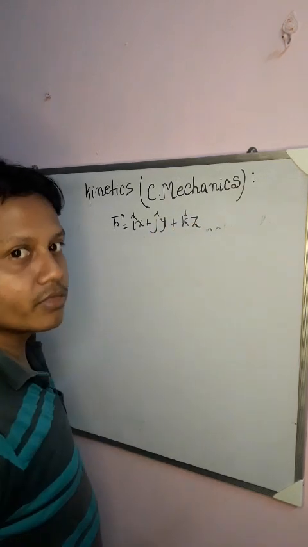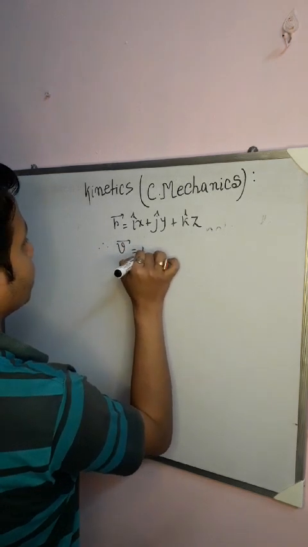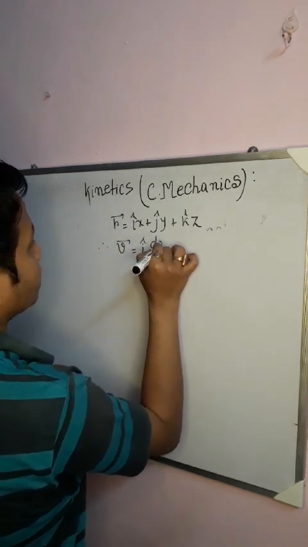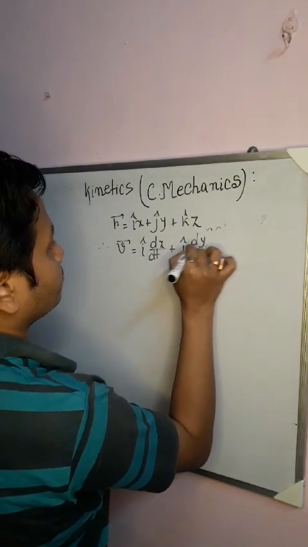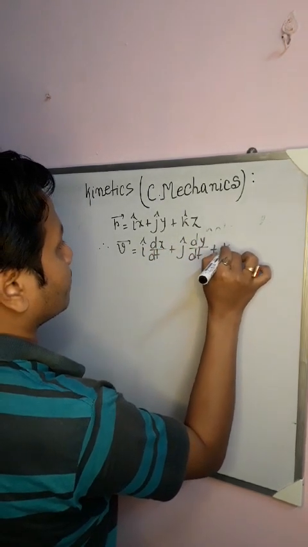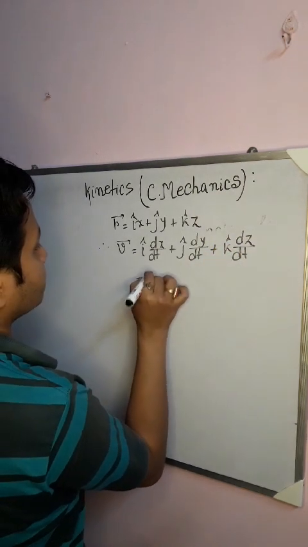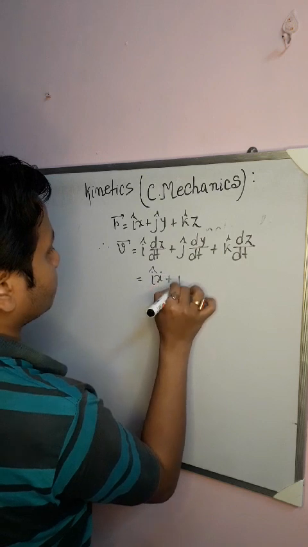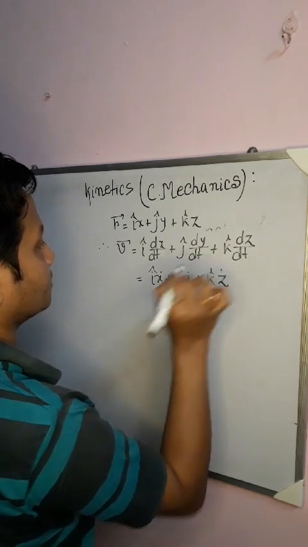Velocity is simply dr/dt, that is i cap dx/dt plus j cap dy/dt plus k cap dz/dt, which means i cap x dot plus j cap y dot plus k cap z dot.